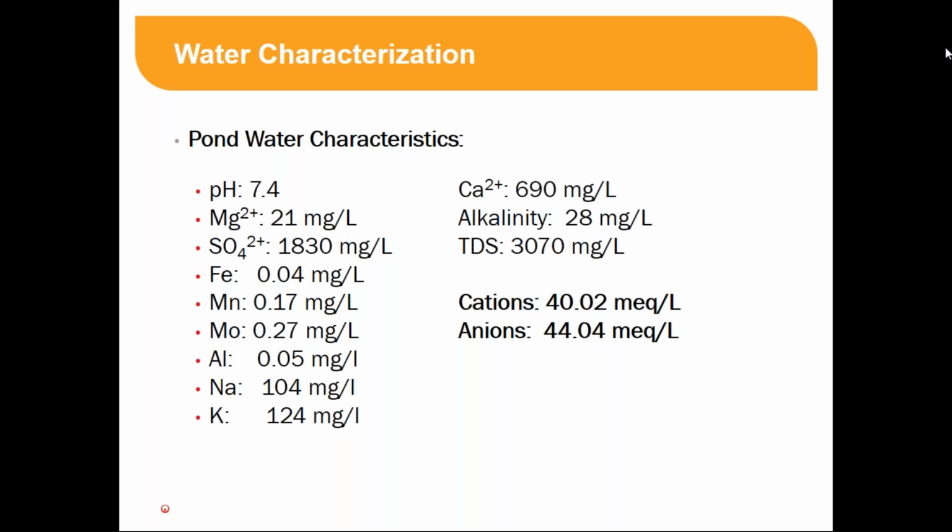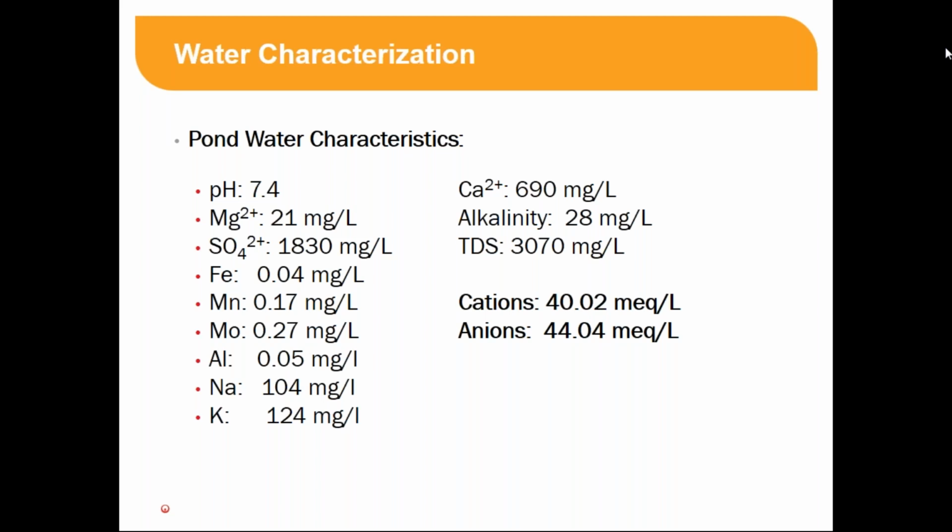And also we want to look at our two-stage sulfate process. The pond water has characteristics you can see here: sulfates around 1830 milligram per liter, calcium around 690 milligram per liter. The feed itself contains mostly calcium and sulfate.